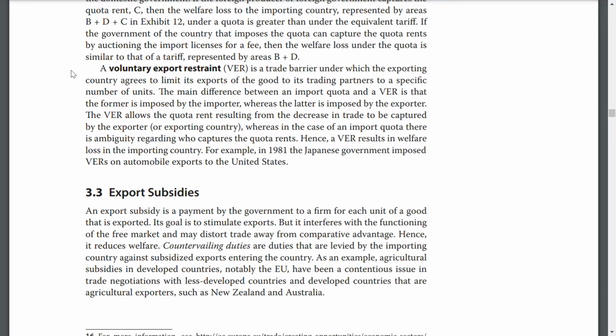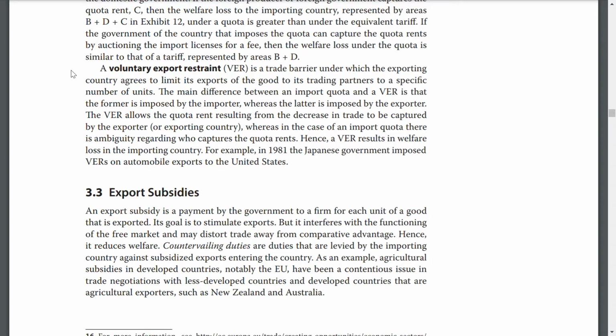A voluntary export restraint, or VER, is a trade barrier under which the exporting country agrees to limit the exports of goods it is trading to its trading partner to a specified number of units. The main difference between an import quota and a VER is that the former is imposed by the importer, while the latter is imposed by the exporter.